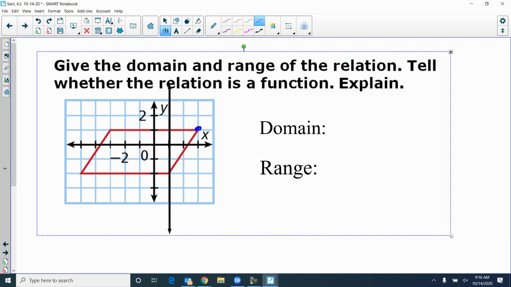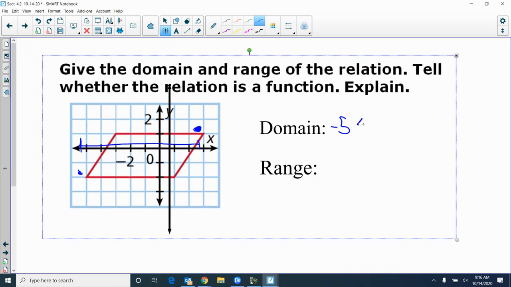The biggest x would be 3. What would be the smallest x? Good. So you go this way, 1, 2, 3, 4, right there. It's going to go from here all the way over to there. So how are we going to write that? -5 is less than or equal to x is less than or equal to 3.